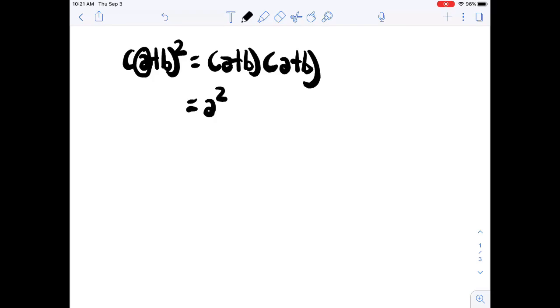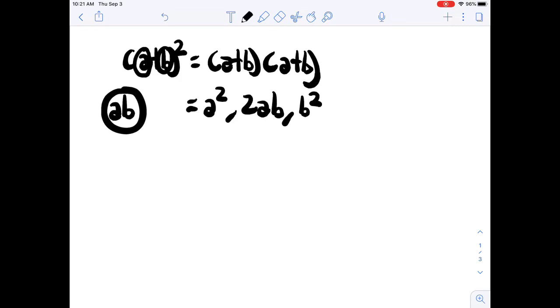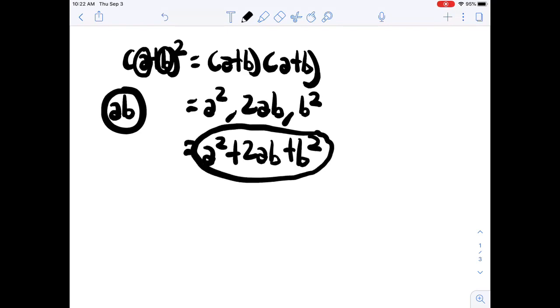The two terms here are a and b, so that would just look like ab. And we're going to multiply this by 2 to get 2ab. Then we square the last term, so that's b in this case, to get b squared. And then we just add these all together, so we get a squared plus 2ab plus b squared.